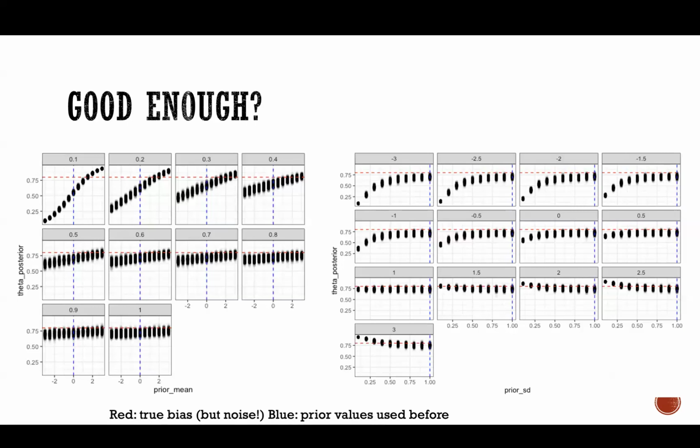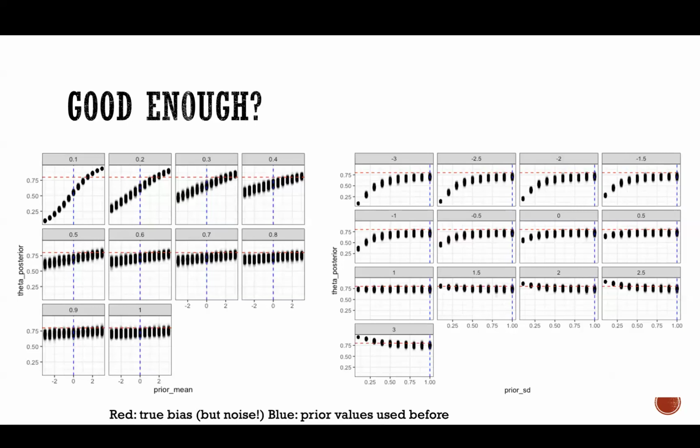And we can see that independently of the prior mean, we can figure out a region of stability where changing the standard deviation doesn't affect the results anymore, if that's what you're going for, right? If you want to make sure that your priors are not unduly affecting the estimate.